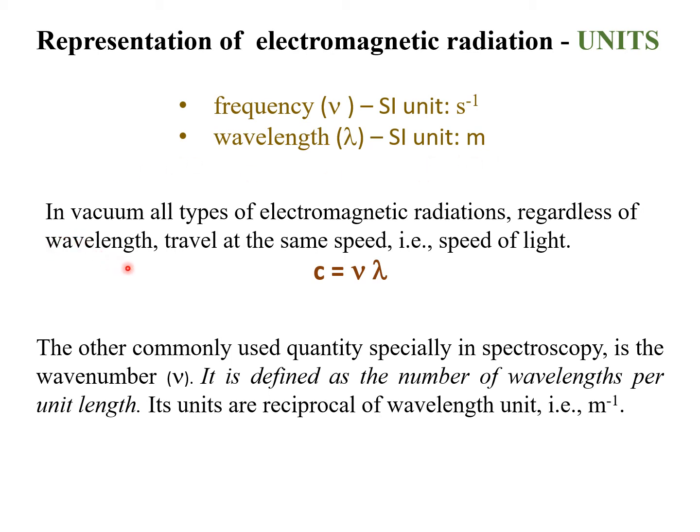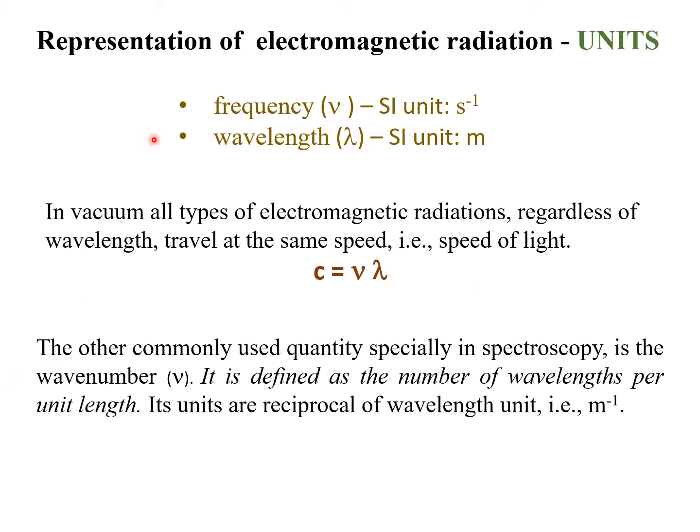And in vacuum, all these electromagnetic radiations, regardless of wavelength, travel at the same speed, and that speed is nothing but the speed of light, which is equal to 3 into 10 to the power of 8 meters per second, and is given by the equation c equals mu lambda.